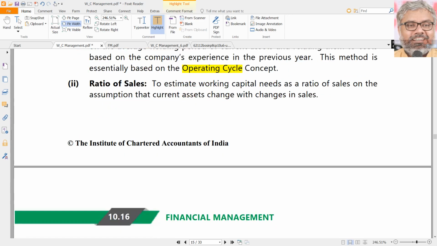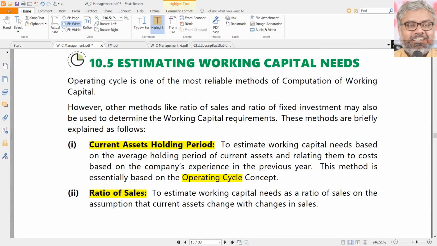Another way of computing the working capital requirements, which we mostly follow in almost all the questions of estimation, is computing as a percentage of, or a change of, ratio of sales. For example, if sales increase, naturally the working capital needs also will increase, because the production has to increase, and production will not happen automatically.